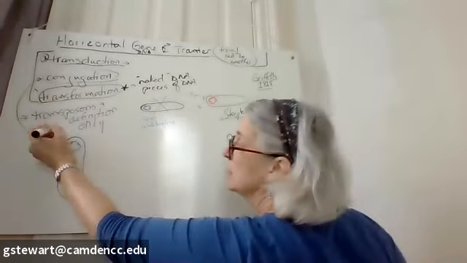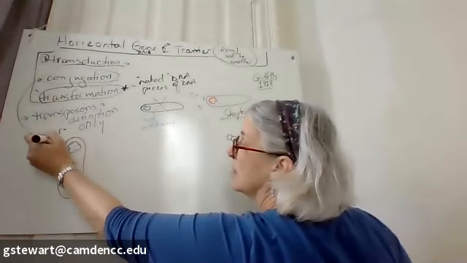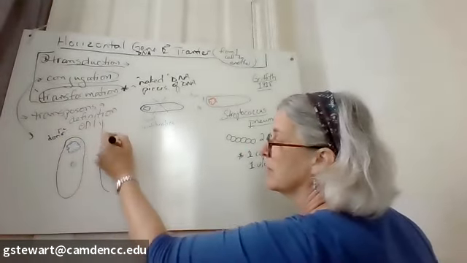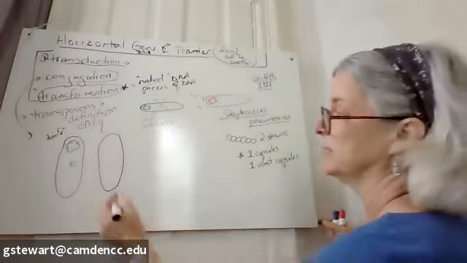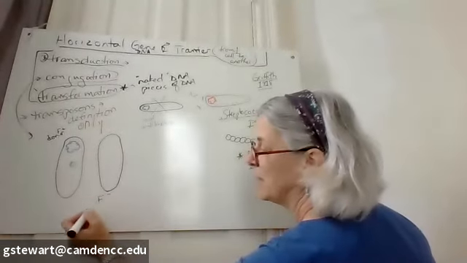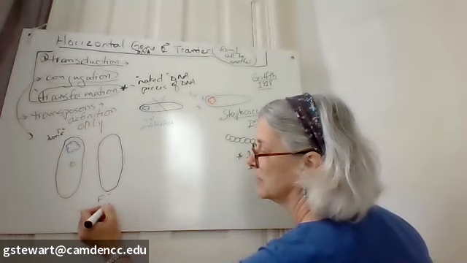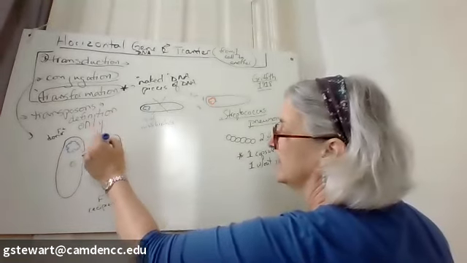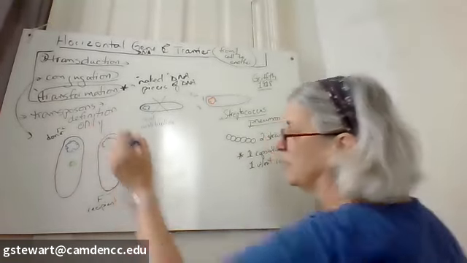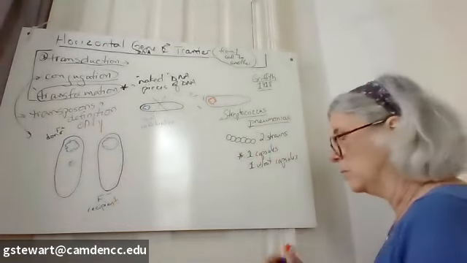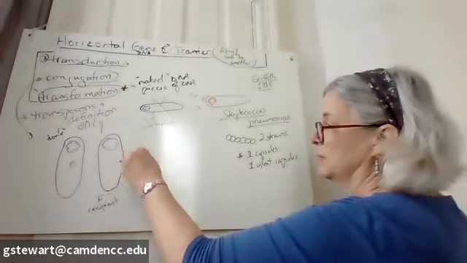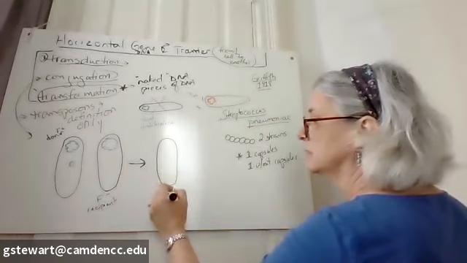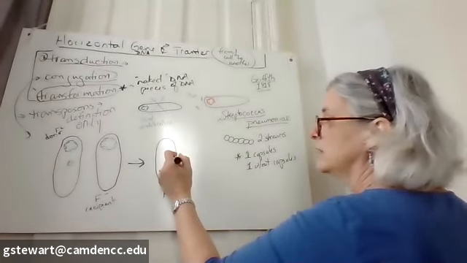So this cell that has the plasmid, we refer to as the F+ cell or the donor cell because they're going to donate the plasmid to their neighbor here who does not have the plasmid. So this cell starts out as an F- or as a recipient cell. And this second cell here only has the chromosome and not the plasmid. And I will redraw for you. What happens is our F+ cell is going to make some protein.